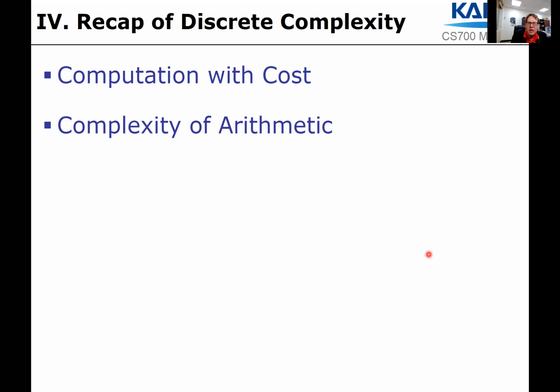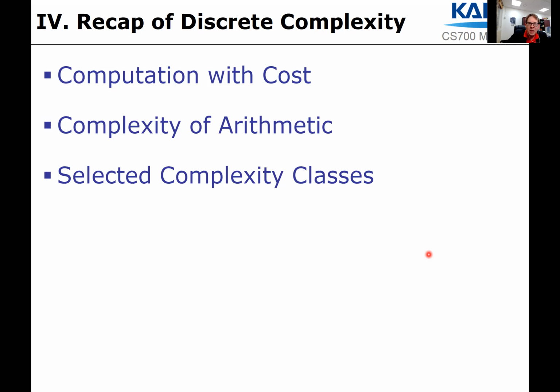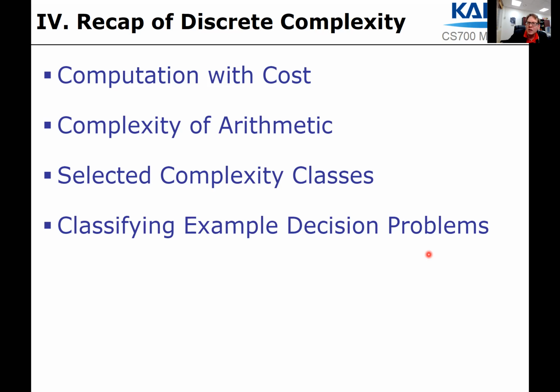We would discuss complexity of arithmetic in our while plus program model. We would recall selected complexity classes such as P and NP, but also PSPACE, and later sharp P as a counting complexity class. But for now, we were still focusing on decision problems.